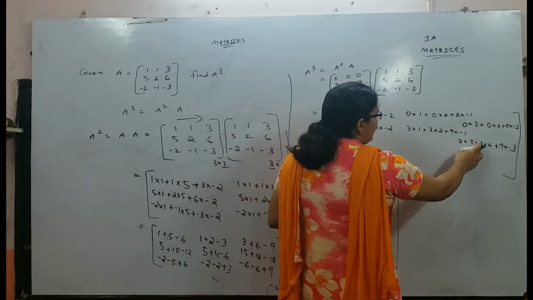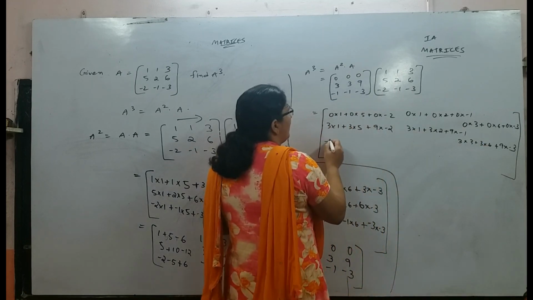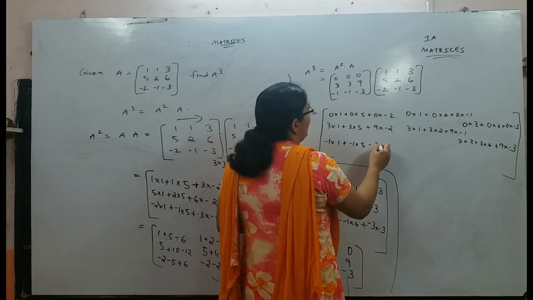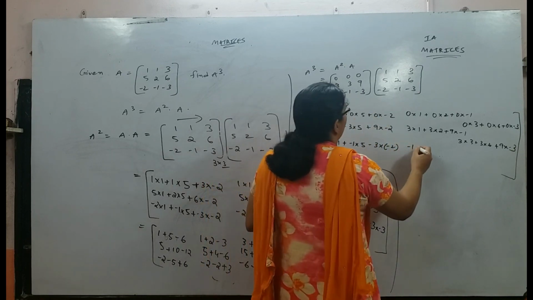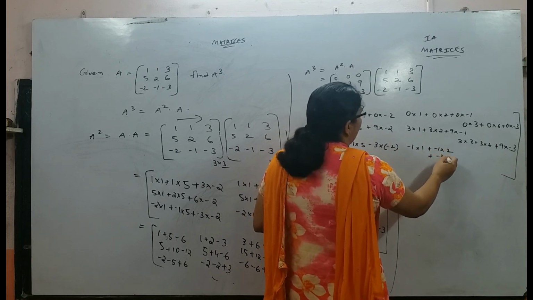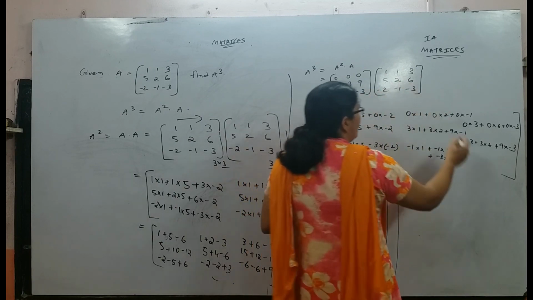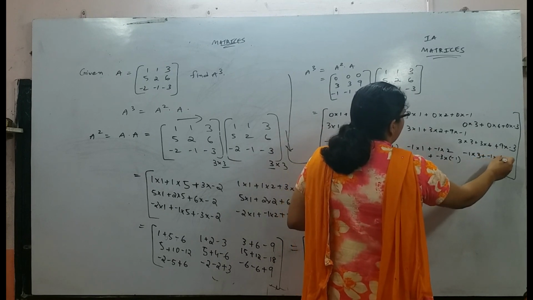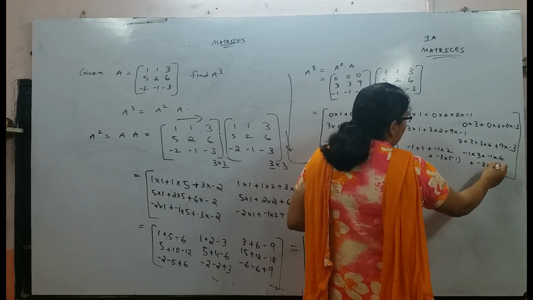This is 9 plus 18, 27, right, minus 27. Now next, minus 1 into 1 plus minus 1 into 5 plus minus 3 into minus 2. Minus 1 into 1 plus minus 1 into 2 plus minus 3 into minus 1. Next, minus 1 into 3 plus minus 1 into 6 plus minus 3 into minus 3.